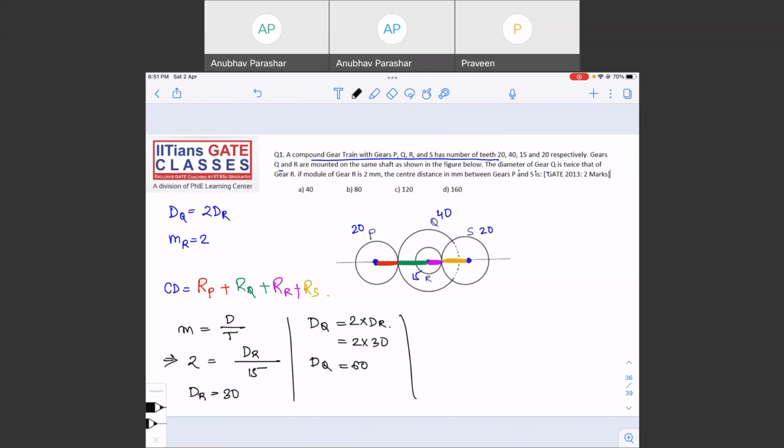So two diameters we got, Q and R. Now I need to find out the diameters of P and S. Now R is in mesh with S. So can I say module of R is equal to module of S? Module of R is equal to module of S.